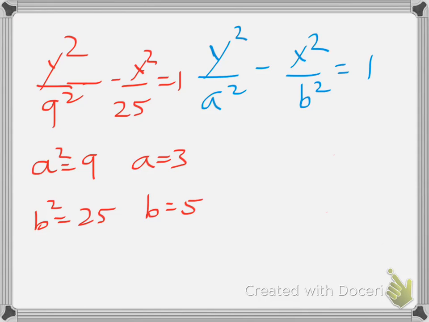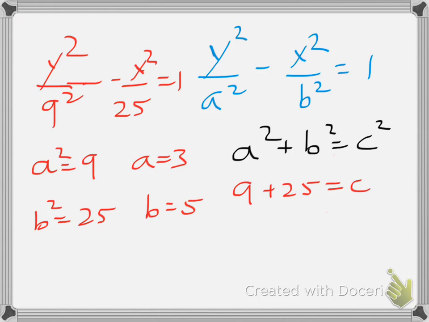Now to find my value of the foci, I want to use the general equation, a squared plus b squared equals c squared. This is the relationship that a, b, and c have in a hyperbola. I make my substitution, so I'll have 9 plus 25 equals c squared, which gives me c squared is equal to 34.